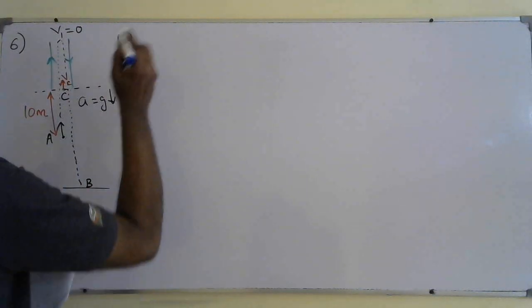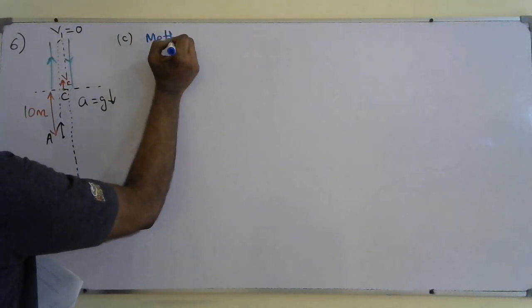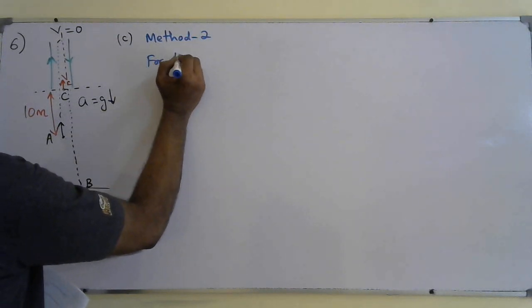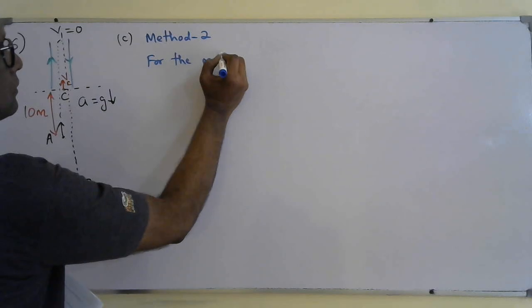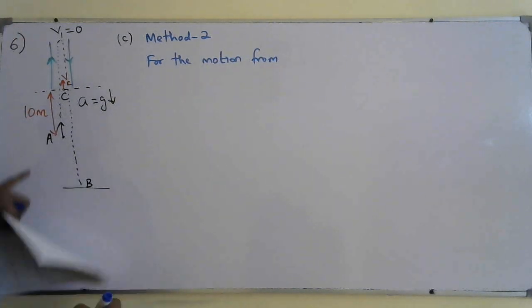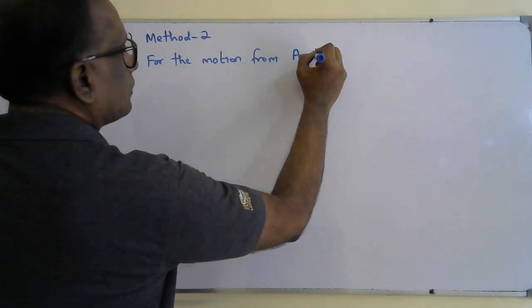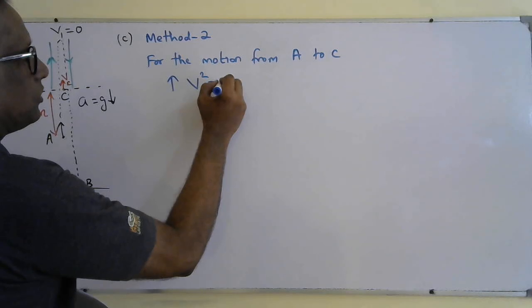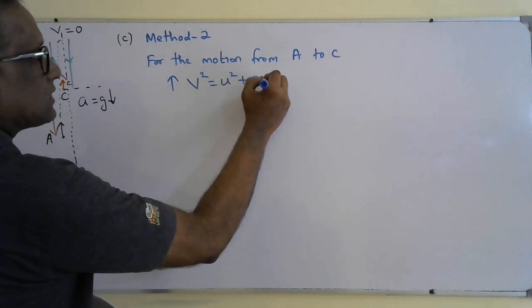So method 2, for the motion from A to C, we'll use upwards v squared equal u squared plus 2as.